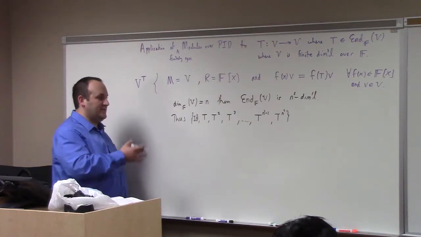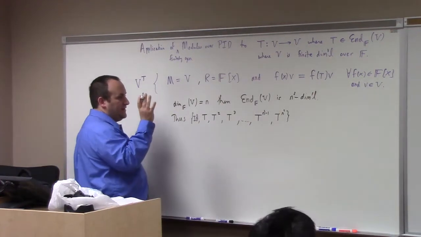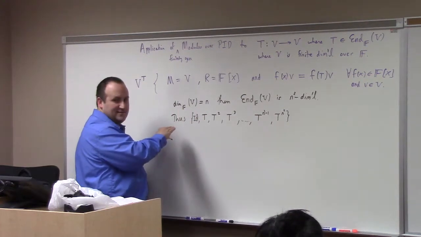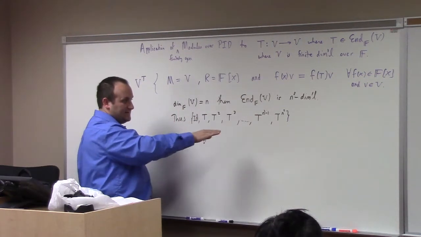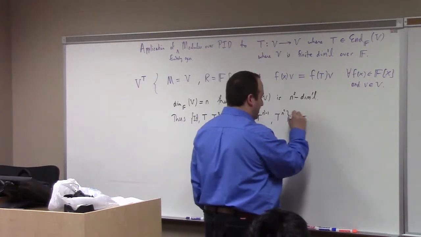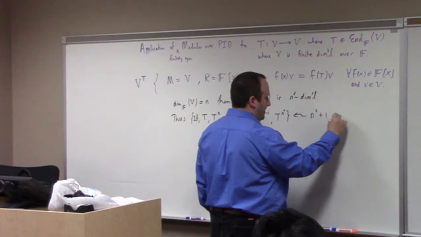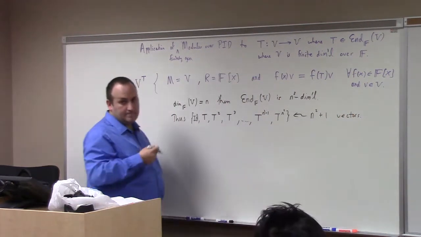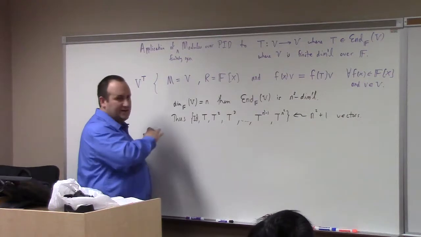But yes, the point of this is that we're in an n squared dimensional vector space. This has how many? n squared plus 1, right? So what's that say? That means that there's some linear dependence, right?